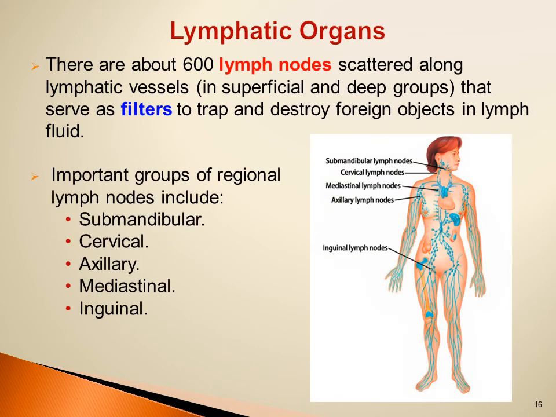Important groups of regional lymph nodes include the submandibular lymph nodes, the cervical lymph nodes in the neck, axillary lymph nodes in the axilla, mediastinal lymph nodes in the mediastinum around the aorta, the bronchi and the esophagus, and the inguinal lymph nodes in the inguinal region.